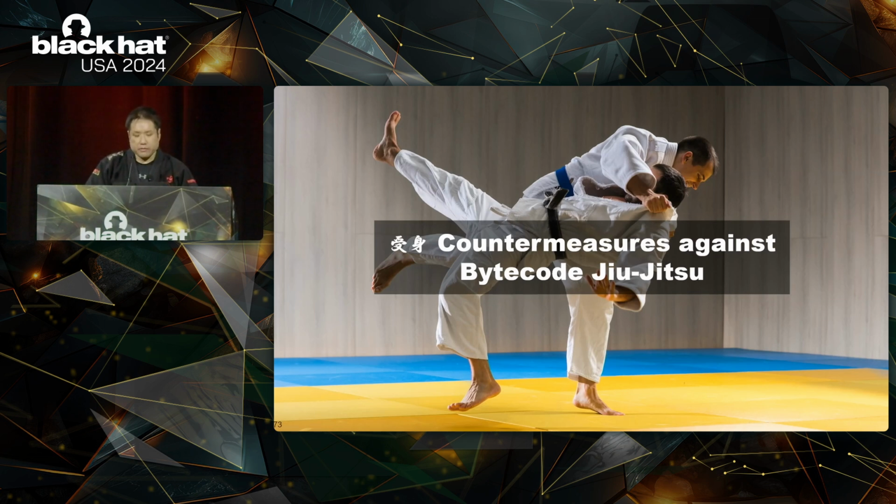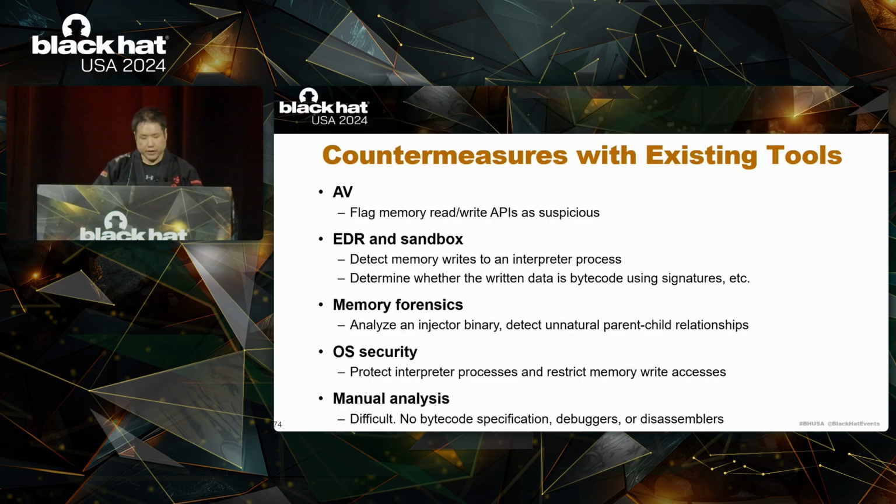So from here, we consider the countermeasures against bytecode Jiu-Jitsu from both aspects of existing security tools and possible future research. So we first discuss the possible countermeasures using existing security tools.